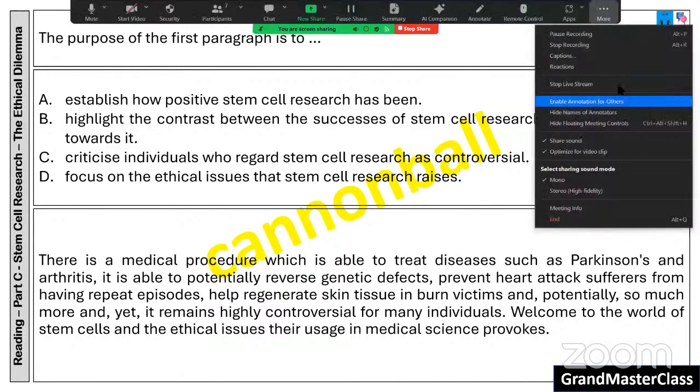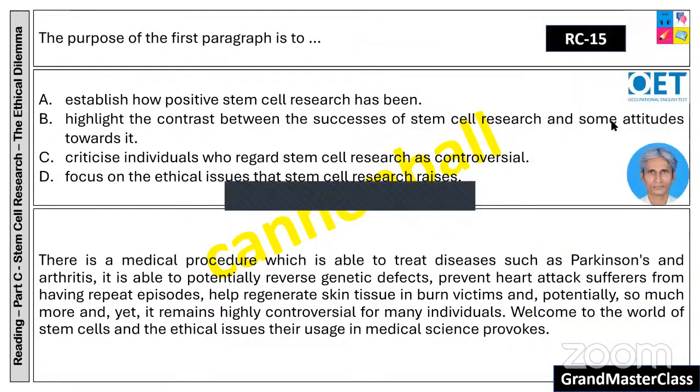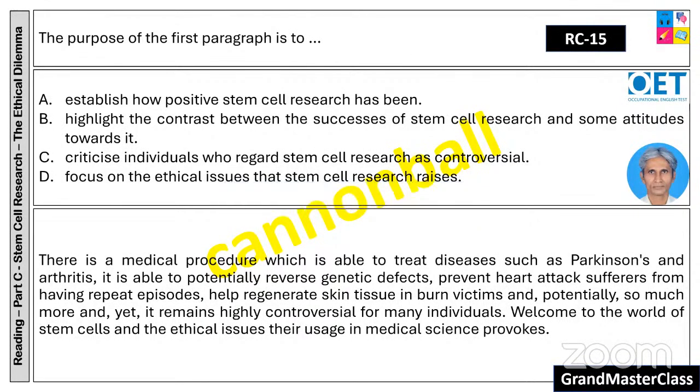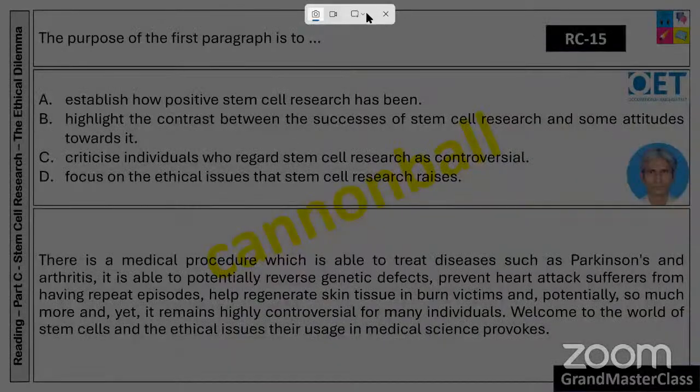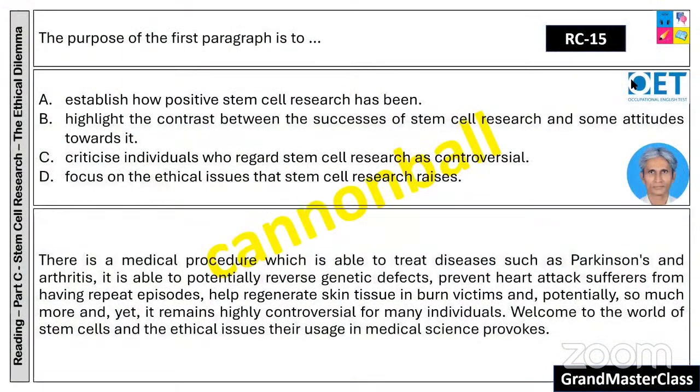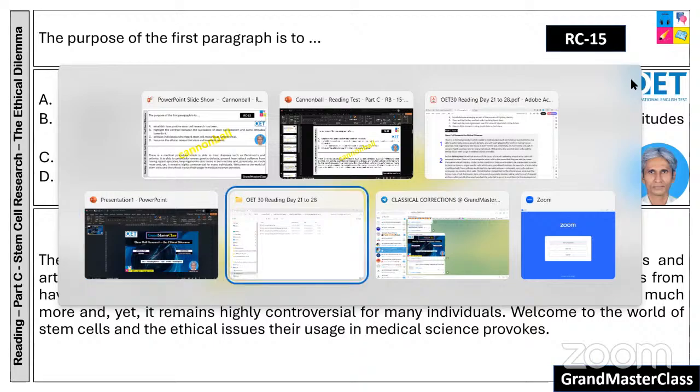Go through the question. You have 90 seconds. Think about the answer. Function, print screen, full screen.